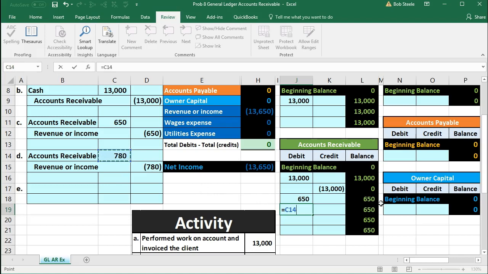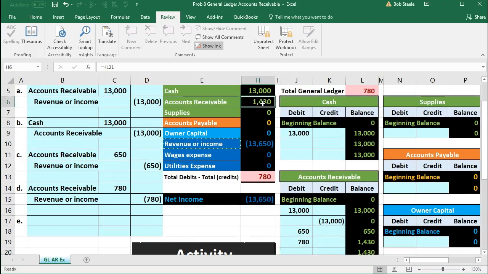That's going to bring this balance up, 650 plus 780 to 1430. That 1430 also will be pulled over to the trial balance as we go, and we are out of balance by the 780 until we record the second half, that half being the revenue half.